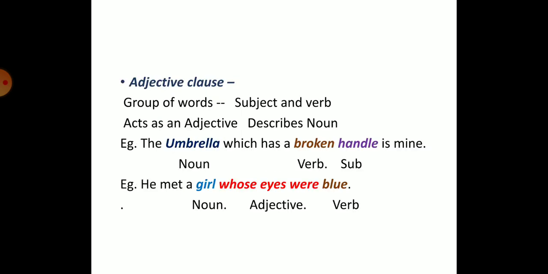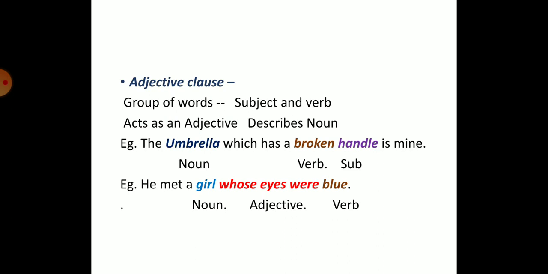Let's talk about the next type of clause, the adjective clause. An adjective clause is a group of words having a subject and verb of its own, and it acts as an adjective in the sentence. And what does an adjective do? It describes a noun. So does the adjective clause.